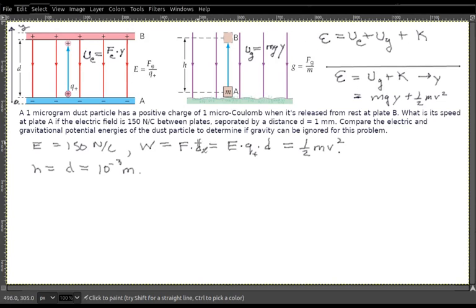Okay, so what's this electric potential, this UE? The UE is going to be the electric force times our position. And up here we're talking about the potential at the top of the plate before we let it go, right? We bring it up here, and now it has that potential.